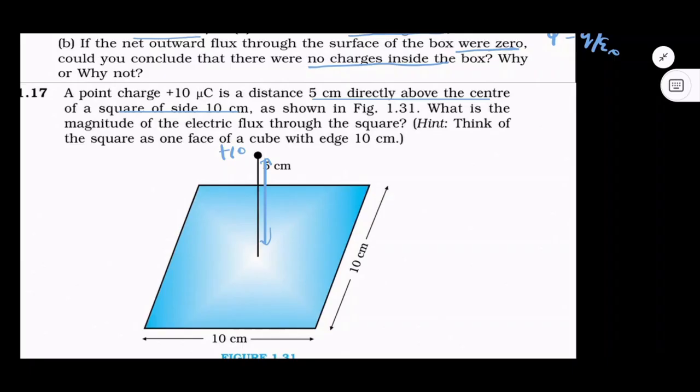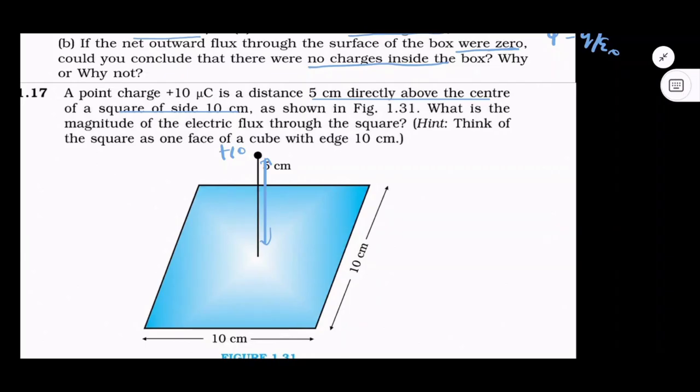Now we are not given a closed object, so can we apply Gauss law? We have to check. We need the charge to be enclosed in a box, or the shape should be closed. So if I enclose it and then apply the Gauss law, we can find the value of the flux.